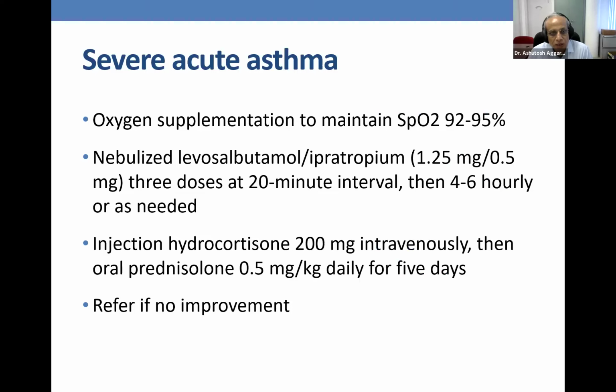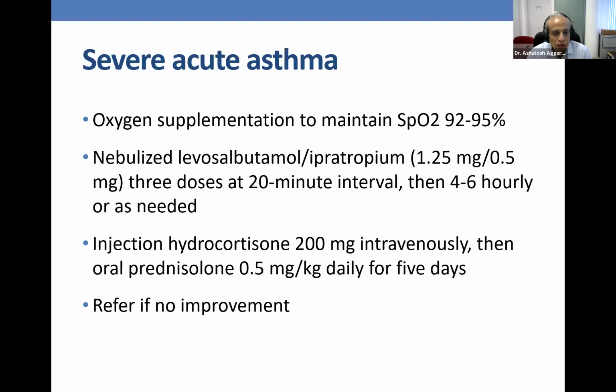So if these patients are admitted, if the facilities are available for admission, hospitalization at that level of healthcare, then these patients should be started on oxygen supplementation to maintain a pulse oximetric saturation between 92 to 95%. You can augment the ongoing therapy with nebulizations of short-acting beta agonist and the anti-muscarinic agent.